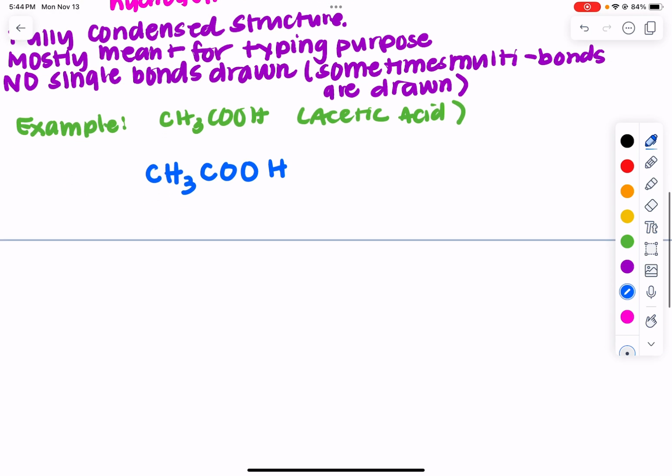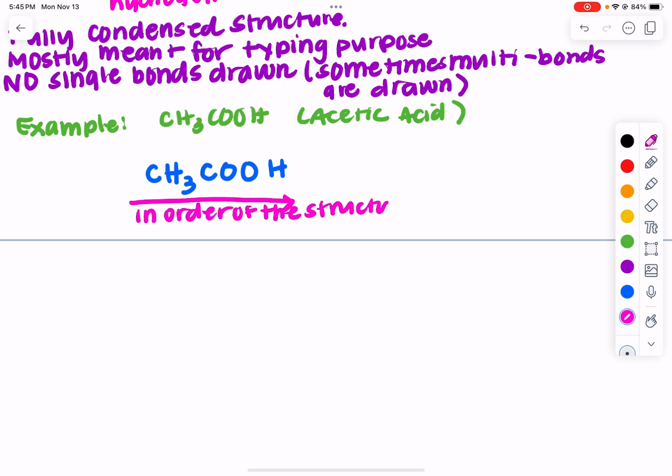I know what you might be thinking. It's really similar to the chemical formula, but it actually goes in order of the structure. So it's literally just the elements in there in order of how they look in either the partially condensed or the Lewis structure. But officially, this is what is known as the condensed structure.